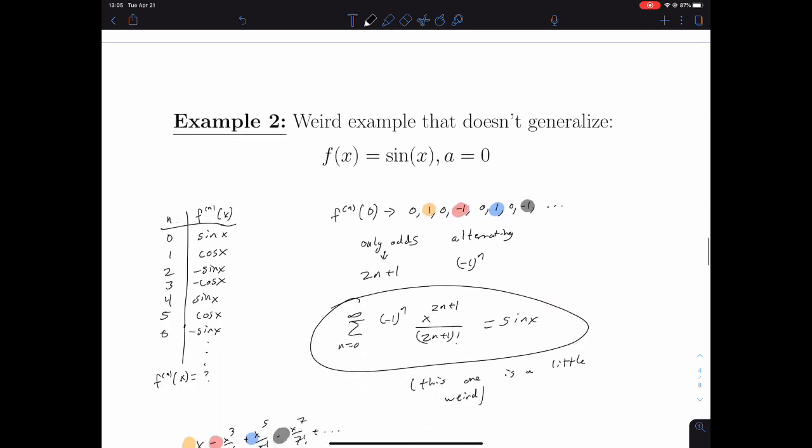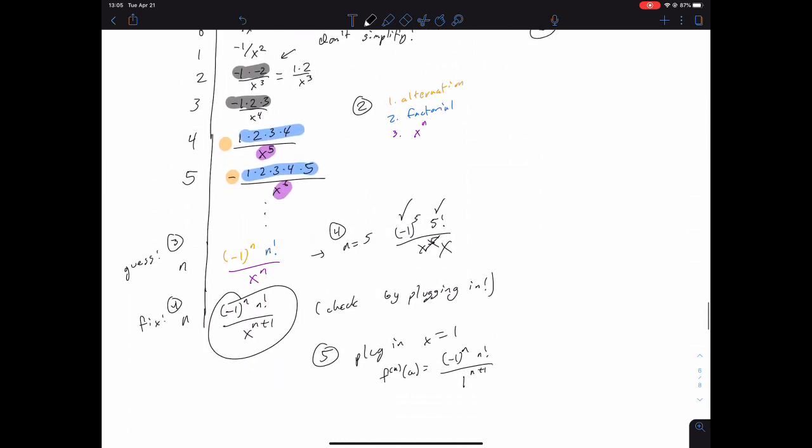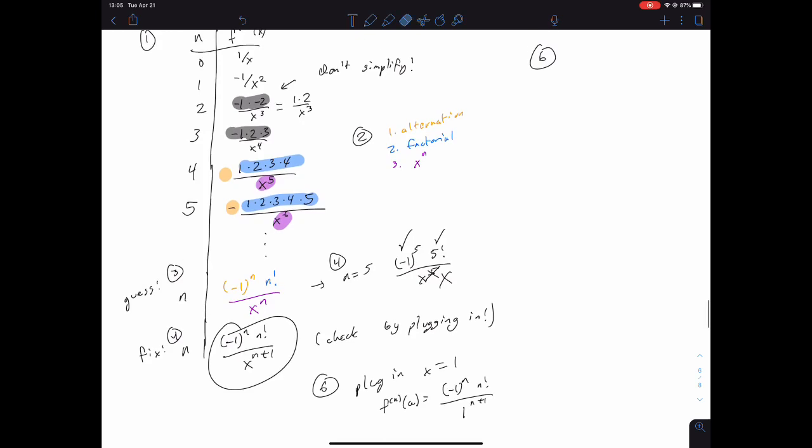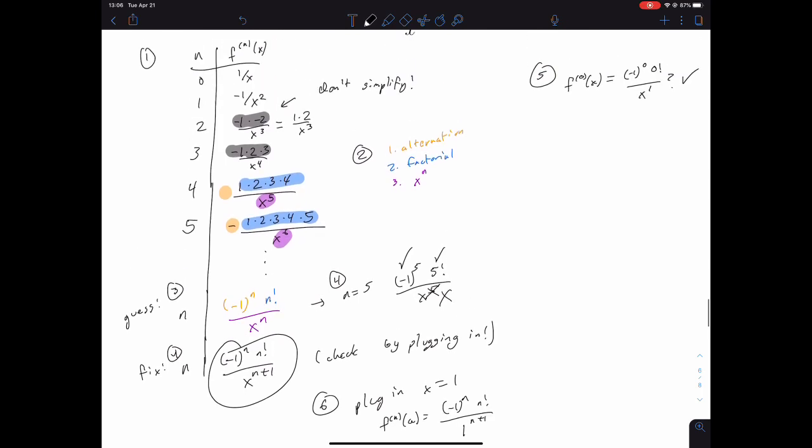Oh, so this was step 6. I wrote 6 all along. Step 5 is the 0th derivative at x equal to negative 1 to the 0, 0 factorial over x to the 0, or x to the 1? Yes, so the first term works. This will make more sense on the next example.